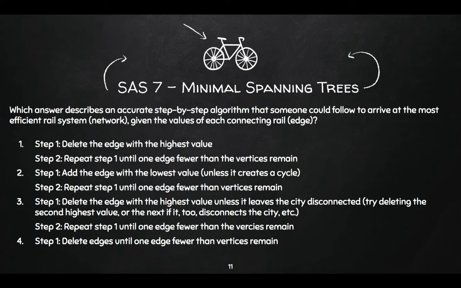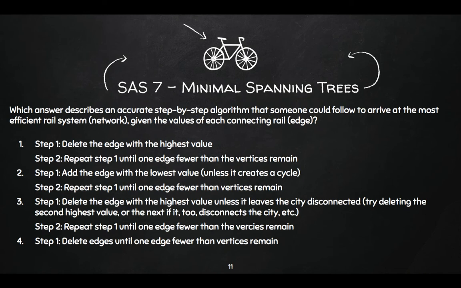I think because we can't have cycles, you remember that we probably should start at the lowest. So let's see what it says. Step 1, add the edge with the lowest value unless it creates a cycle. Step 2, repeat step 1 until one edge fewer than vertices remain. You know what? I think that's correct.